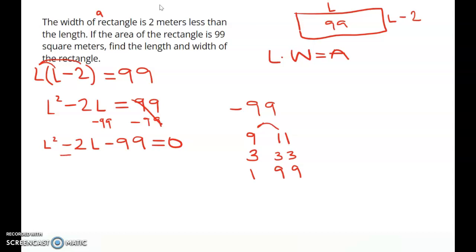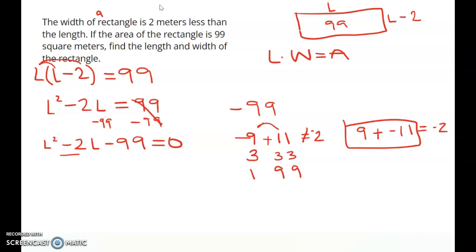But they have to add to be a negative 2. If I did negative 9 plus 11, that will be a positive 2. That doesn't work. It doesn't equal the negative 2 that we need. So what if we did 9 plus a negative 11? Well, that will equal a negative 2. That's exactly what we need. So these are going to be our two factors.